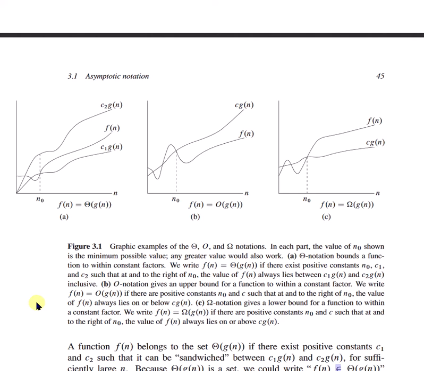When we write f of n equal to theta of g of n, there exist positive constants such that at and to the right of n naught, the value of f of n always lies between c1 of g of n and c2 of g of n inclusive. O notation gives the upper bound for a function to within a constant factor.